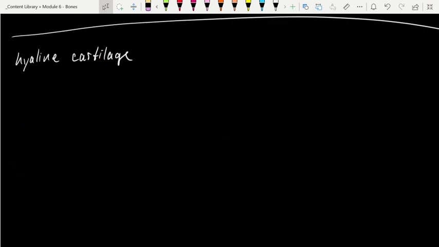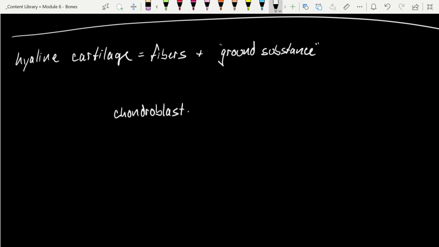In its most simplistic form, hyaline cartilage is simply two things: fibers plus what we call ground substance. The cell responsible for the production of these fibers and ground substance is a cell called a chondroblast. And as we've been trying to link cartilage and bone together, I think it's important to note that the chondroblast has as its progenitor cell a cell called the osteochondral progenitor cell.